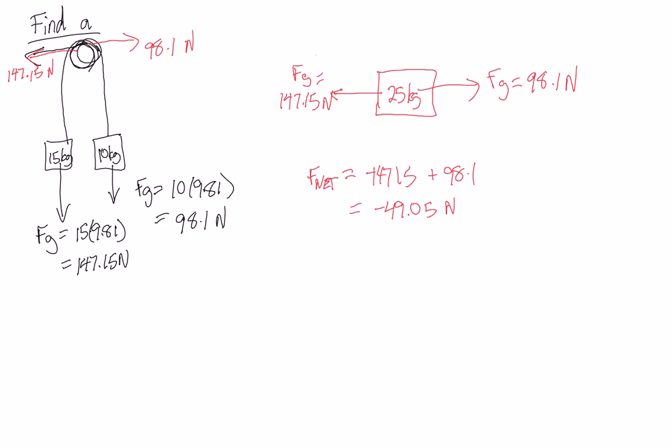So that just means, in the way I've drawn it here, the net force will be to the left, or in our first diagram, our net force is going to be going downwards, right? The heavier box is going to go down, the lighter box then will go up as a consequence. So we have our net force.